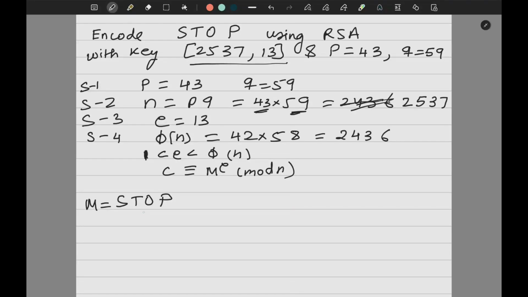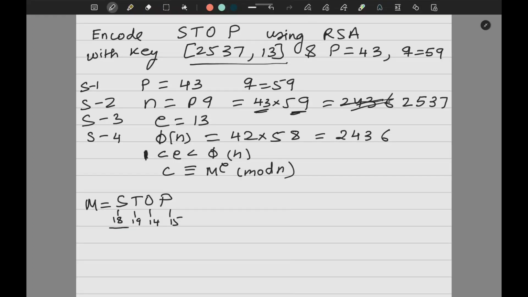Now if you try to decode it, you check your algorithm. What is the value of S? What is the value of T? What is the value of O? And what is the value of P? If I follow that, S is 18, T is 19, O is 14 and P is 15.